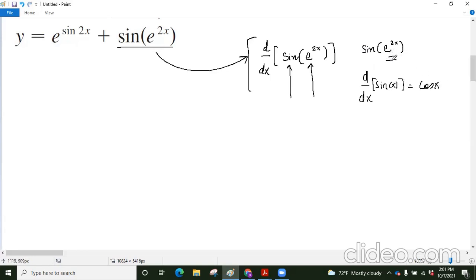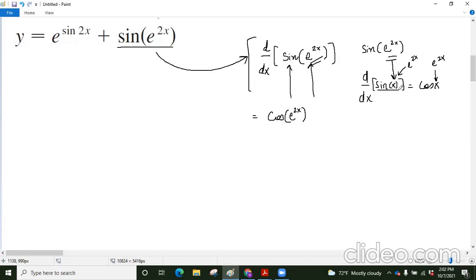So if I just changed that x to e to the 2x, well, I should also change it in its derivative. So if this point inside here is e to the 2x, then it must also be the same here. It must be cosine of e to the 2x, correct? So the derivative of this is equal to cosine of e to the 2x, and I kept that inside the same, right?